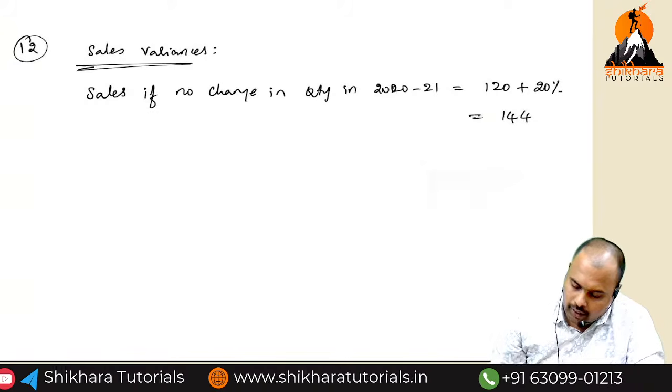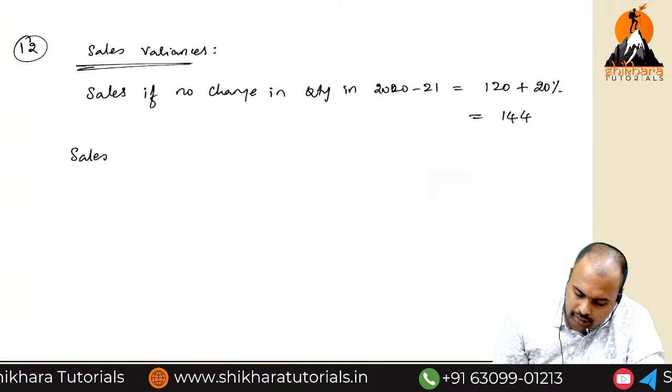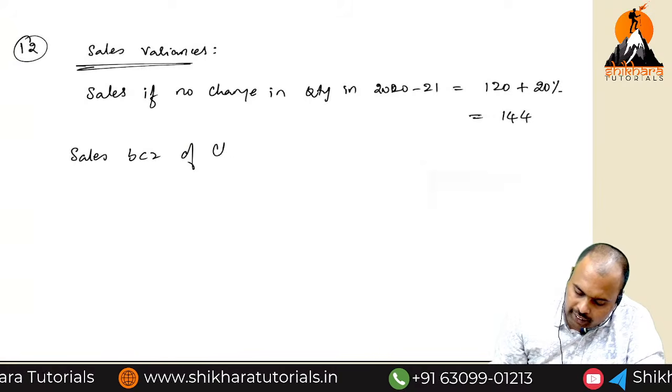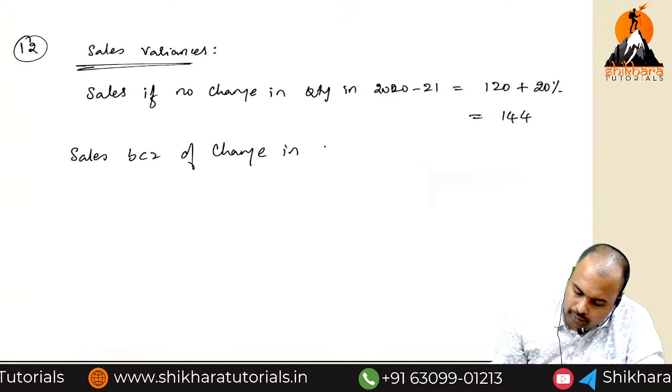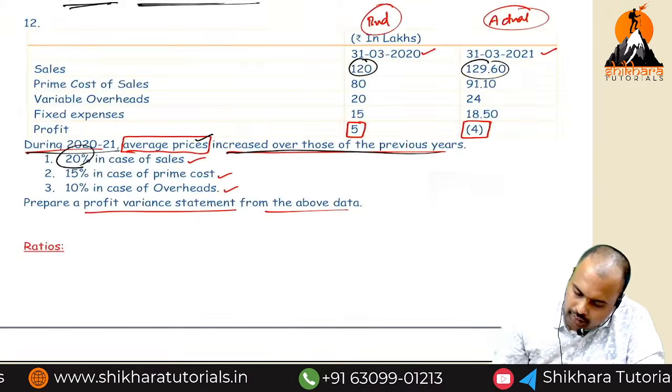Clear? Now, sales because of change in quantity is equal to 129.6.